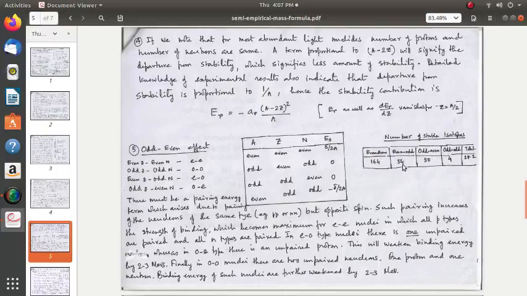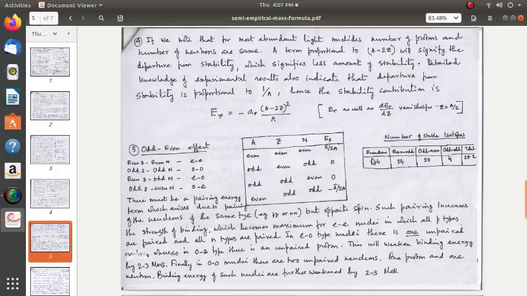But in the even-odd or odd-even case, we see say 50 of them each, so totally we see 104 of them. So that means the binding energy contribution is somewhere in between.